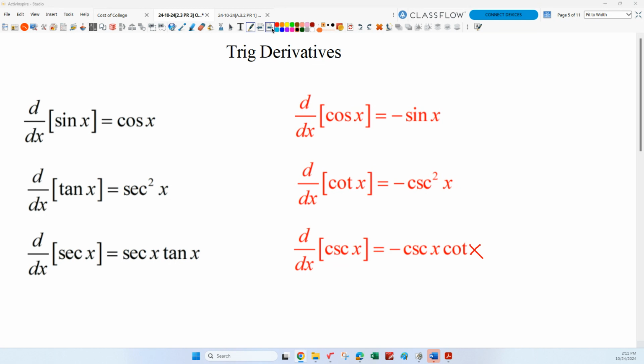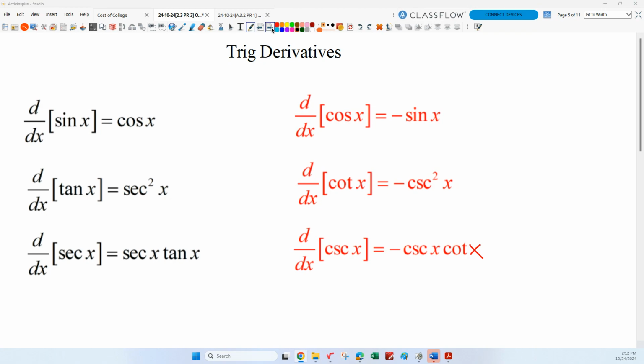Do you notice any commonalities among the red derivatives compared to the black derivatives? The red ones are all negative.